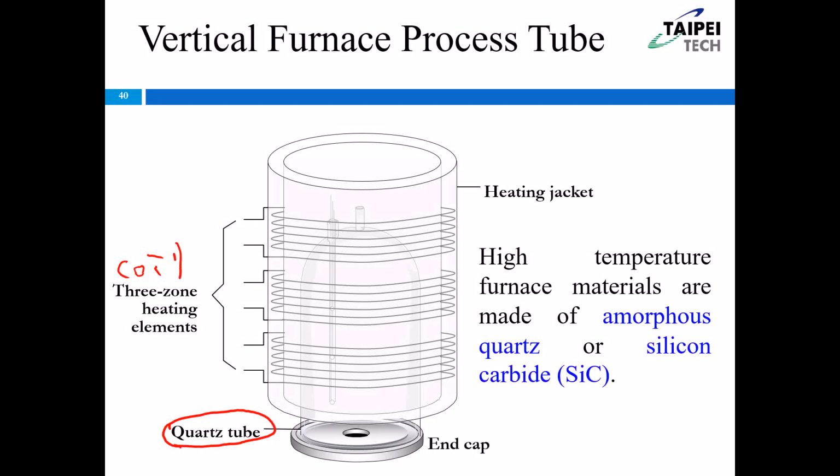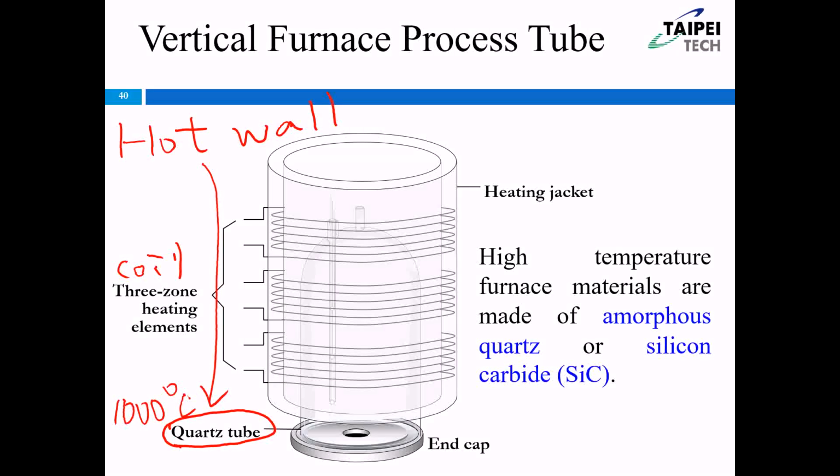So we call this system the hot wall system. Hot wall system. It means the whole quartz tube has the same temperature, okay? Not only the silicon wafer has 1000 degrees Celsius, the whole quartz tube has the same temperature of 1000 degrees Celsius, okay? Today, if I do the oxidation, I assume right now I do the oxidation, it requires 1000 degrees Celsius, right?